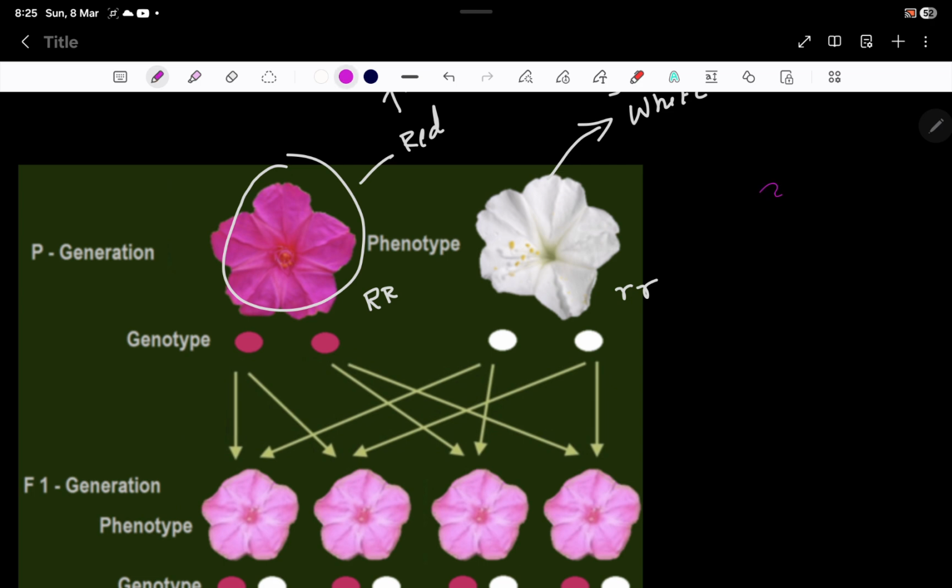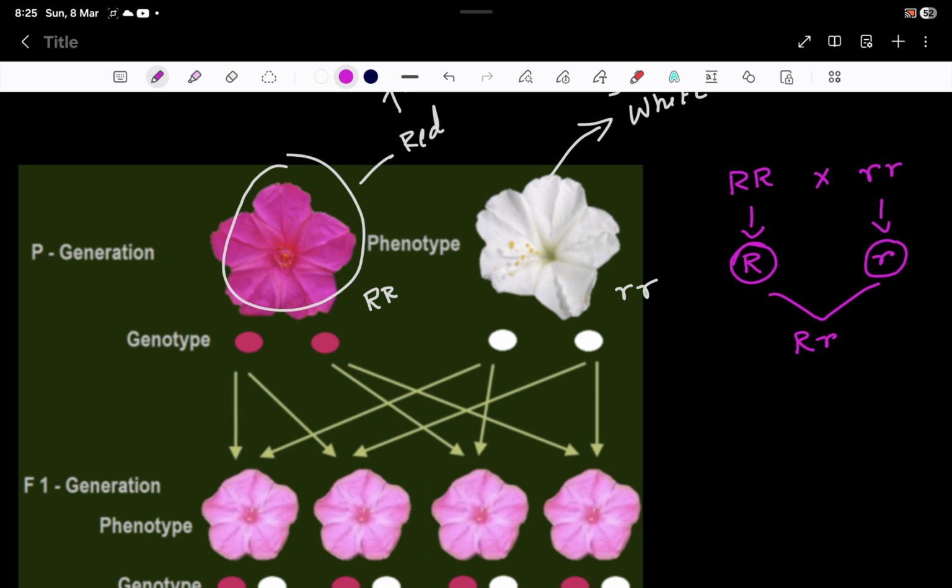Let's do the crossing. Capital R and small r. So what will be the gametes? Capital R and small r. We were saying that none of them was dominant, not this capital R, not this small r.